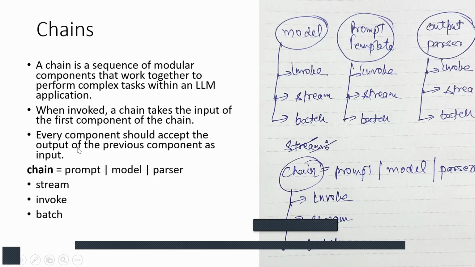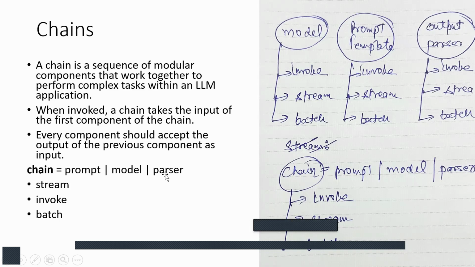Every component should accept the output of the previous component as an input. The input of the parser will be the output of the model. Very simple. So the chain, prompt, model, and parser, is again a runnable protocol. It implements the runnable protocol, so it will also support the same set of methods like stream, invoke, and batch.